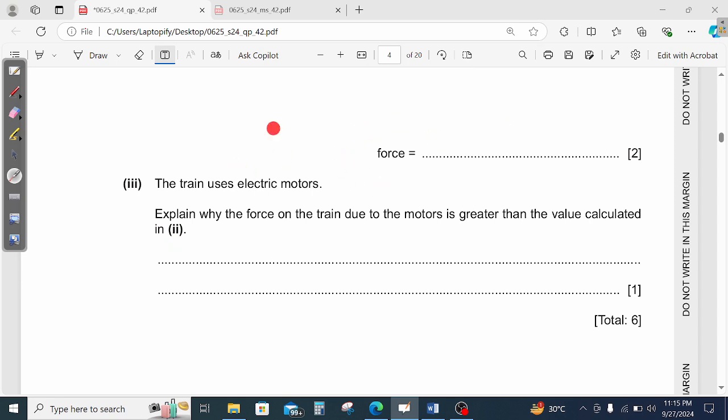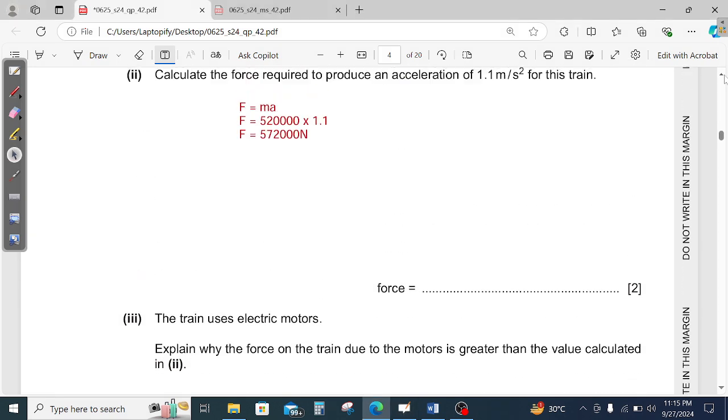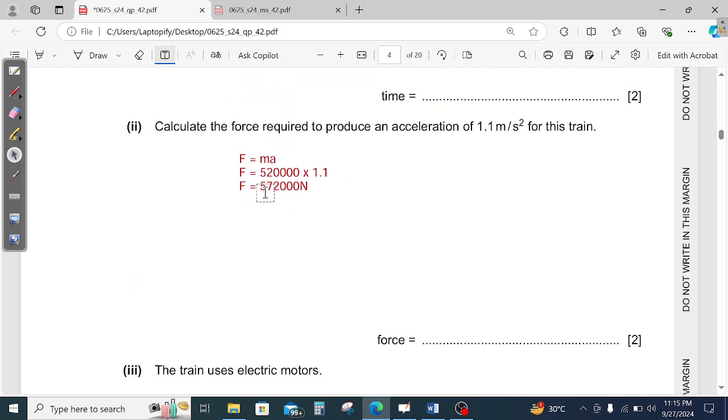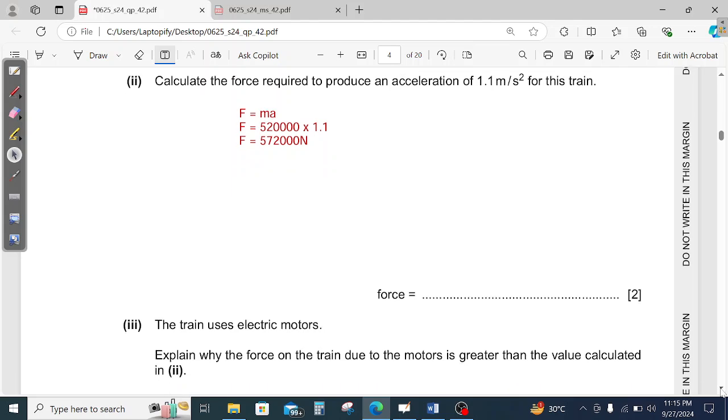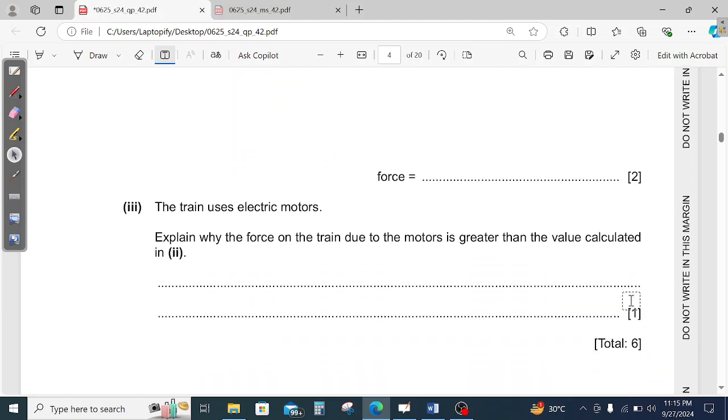It means you have calculated the value of the force as 5,72,000. But the question here is, if you want to accelerate the train with the same acceleration, then why do you need more force than you calculated in question number 2?